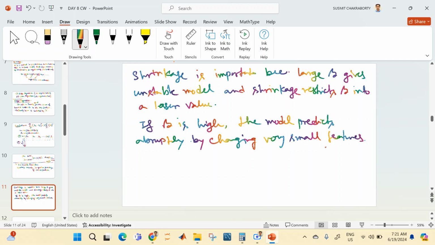That means what? Features means x1, x2, these are okay. So if this x value is small, very little change, then if beta is very high, the prediction will be abruptly changed, right? So this is a problem actually, and this problem we can solve using this ridge regression method.